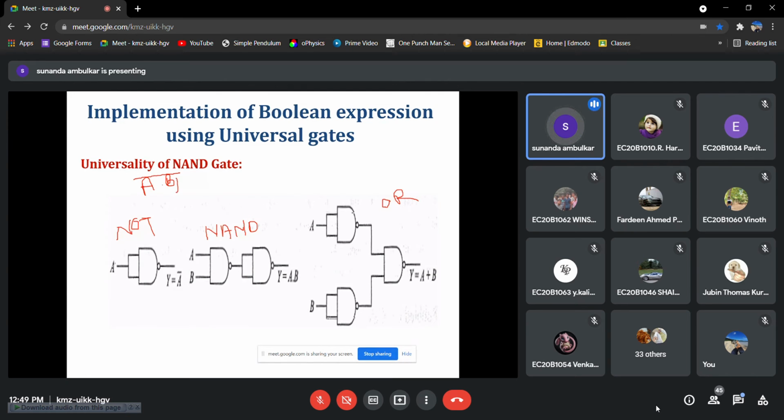If we replace the second variable with A, we get A dot A bar, so it will be A bar. We just need to replace the second variable with the only one variable, because in the NOT gate only one input is involved. So at both the input positions we will give only one input. This will implement the NOT gate.